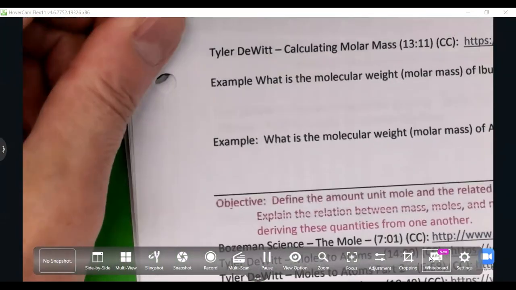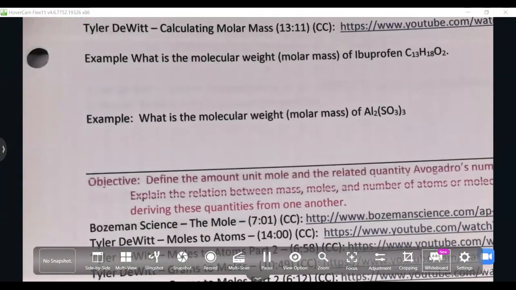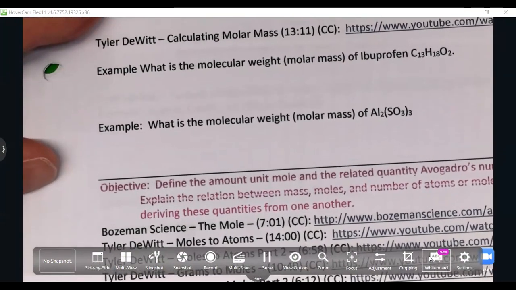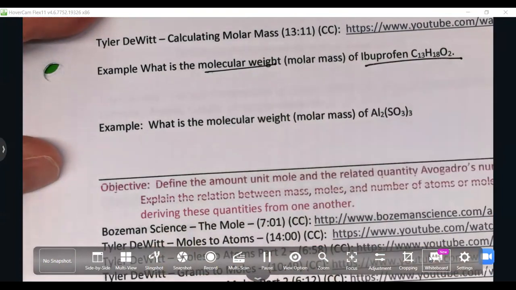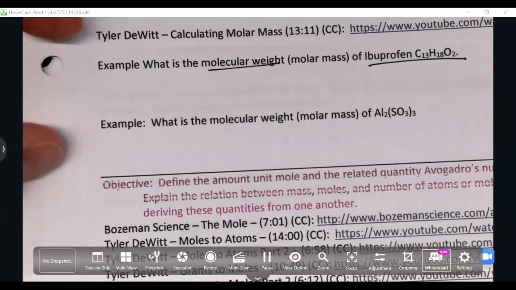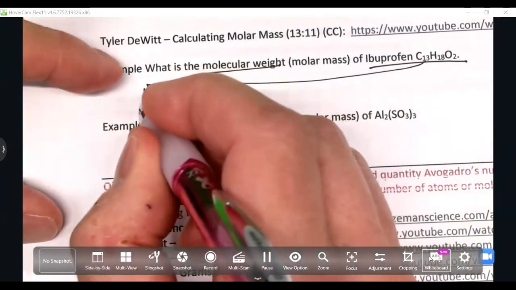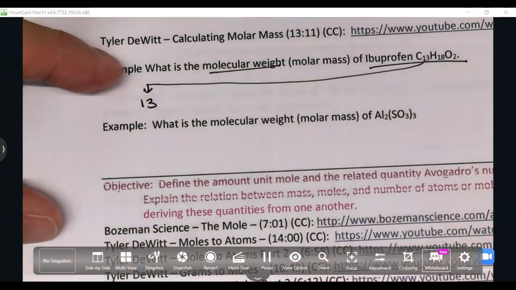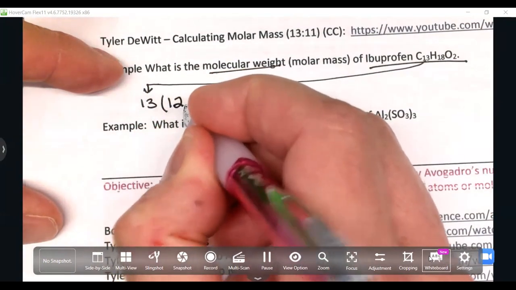So let's do that on the next page. We'll grab our calculator. So what is the molecular weight, molar mass of ibuprofen? We're going to have 13 carbons, 12.